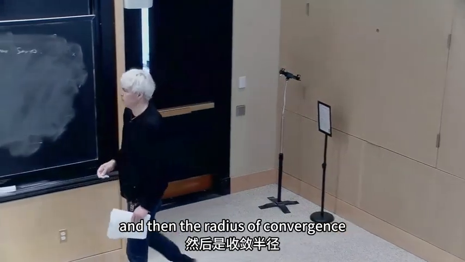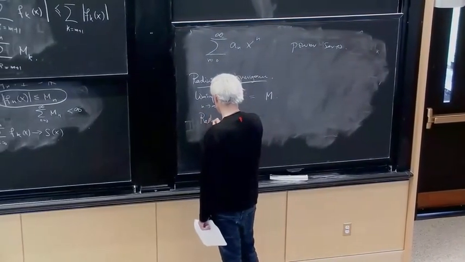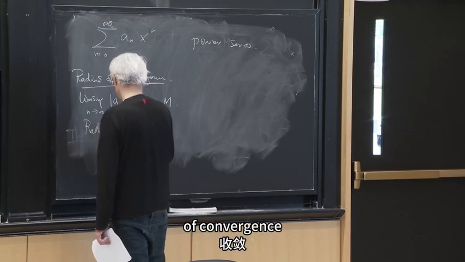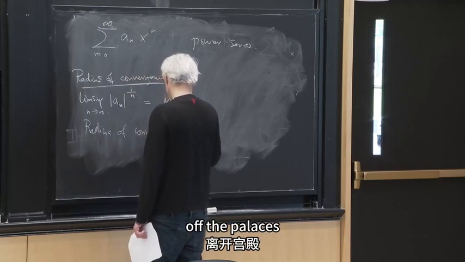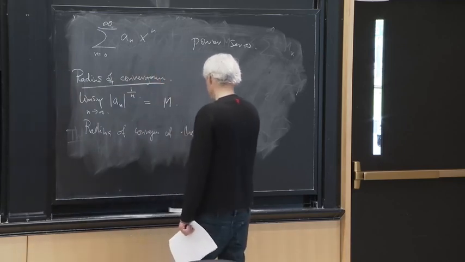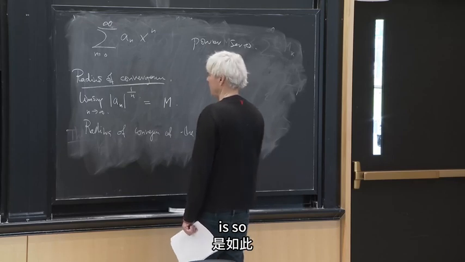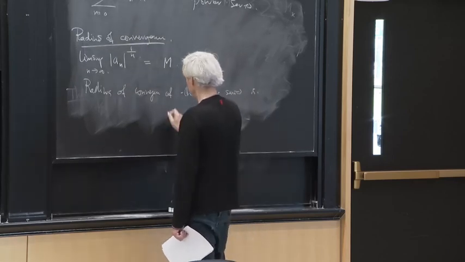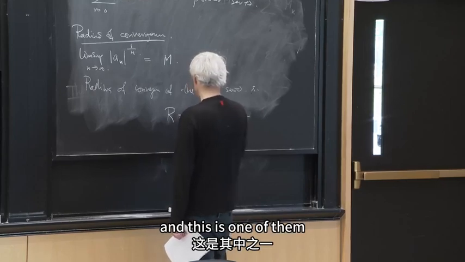And then the radius of convergence of the power series, which I write as R, is 1 over m.